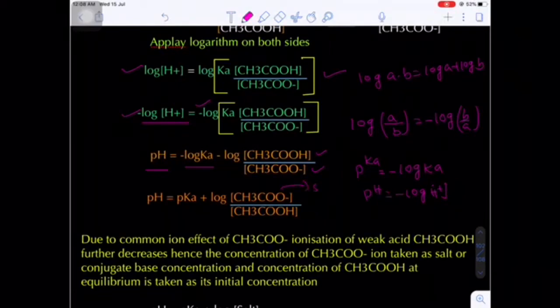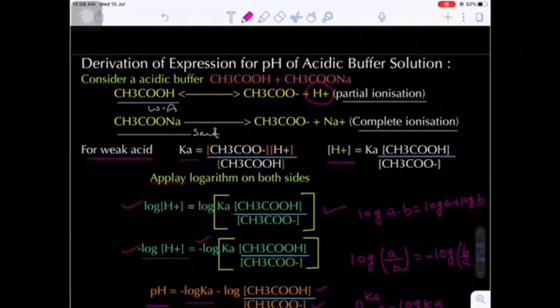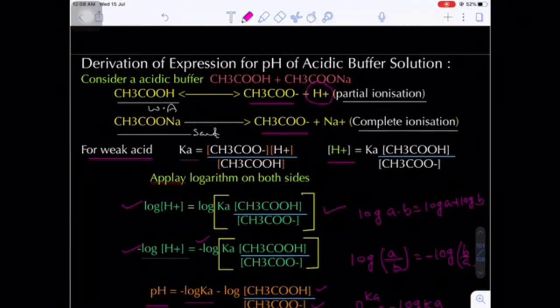Now the important thing here: the acetate ion concentration is taken from salt concentration, because the acetate ion concentration is coming from the weak acid and also from the strong electrolyte, that is the salt. Now here the common ion effect is applicable, because in both electrolytes acetate ion is common.